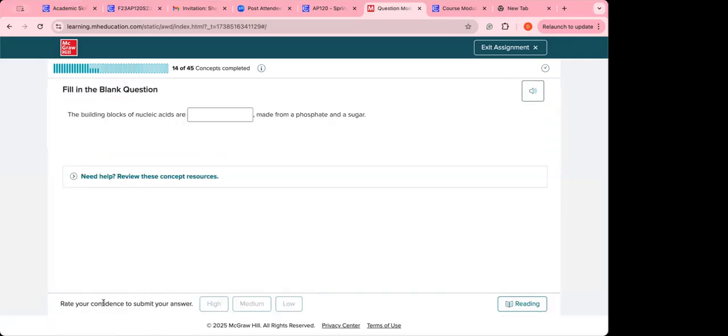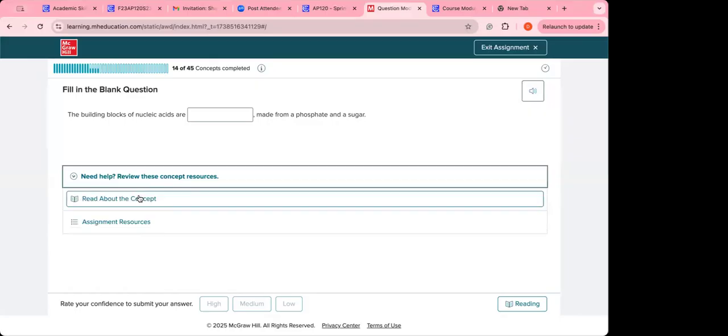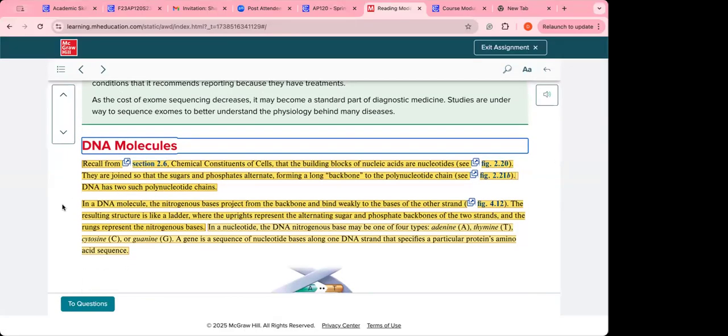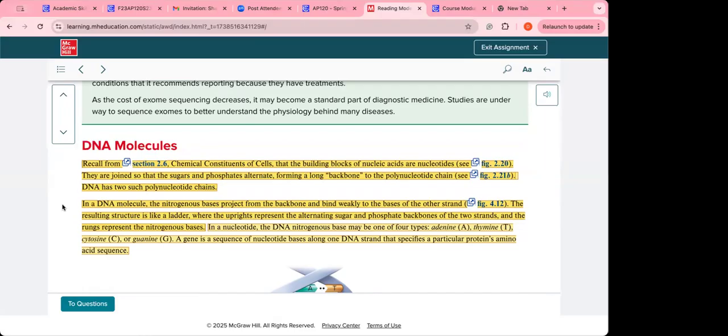Okay. The building blocks of nucleic acids are blank, made from a phosphate and a sugar. The building blocks of nucleic acids are nucleotides.